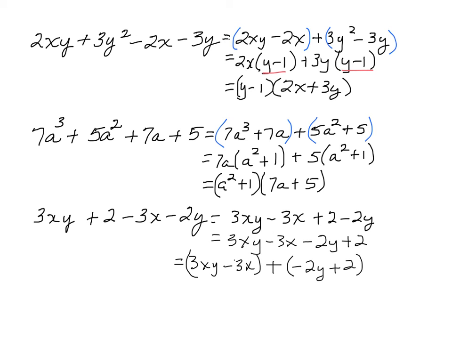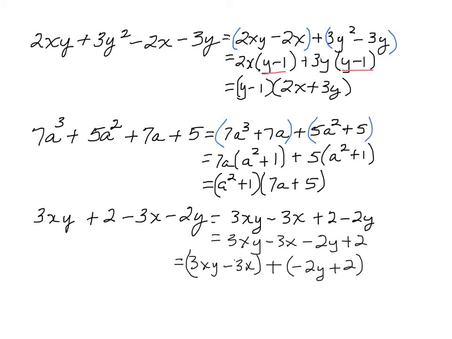Notice what I did. I put the negative 2y inside the parentheses, with the negative sign with it. So that meant I have to put a plus sign in between these two expressions. I have to keep the negative sign with the term that it goes with.